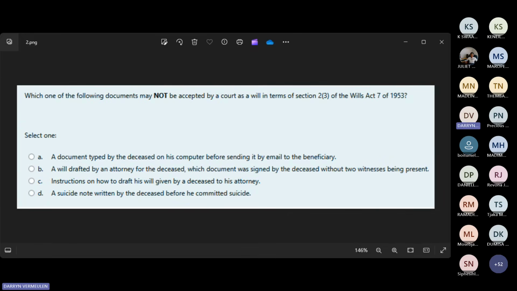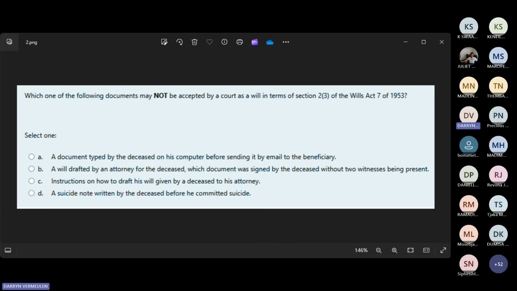All right. So the answer for this particular one is option C. It's instructions on how to draft his will. The reason option C is the correct one is because he's only giving instructions on how he wants his will to be typed up. In other words, it's a future event. He hasn't consented to it or even seen it yet. Whereas in option A, the person typed the document and sent it from his computer, so obviously he typed it himself and he knows what's in it. In option B the will has been drafted and signed.